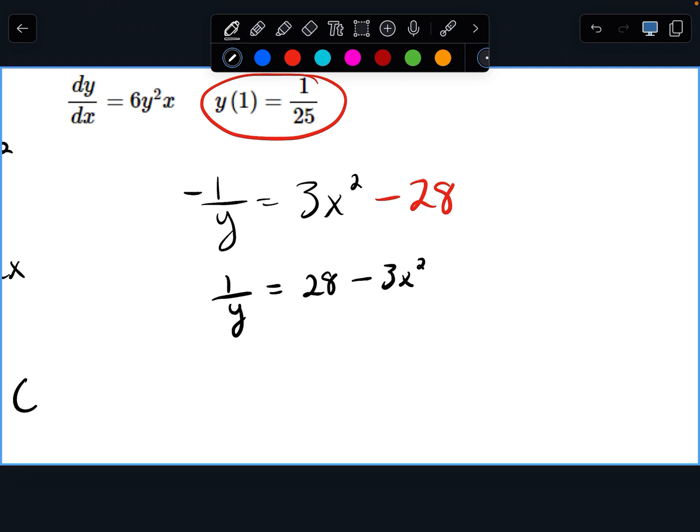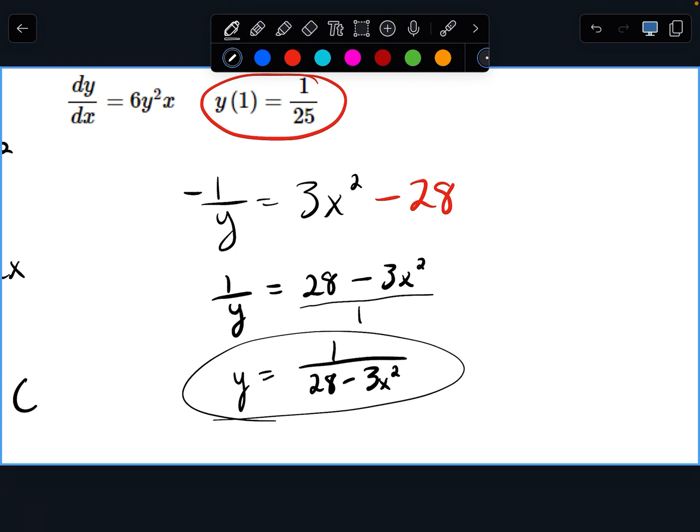Okay. Now, think about it. This whole thing's over 1. None of them are fractions. So what I can do is take the reciprocal of both sides, and I don't even need a plus or minus or anything. So that's kind of fun.